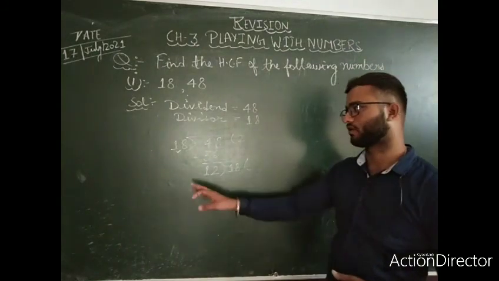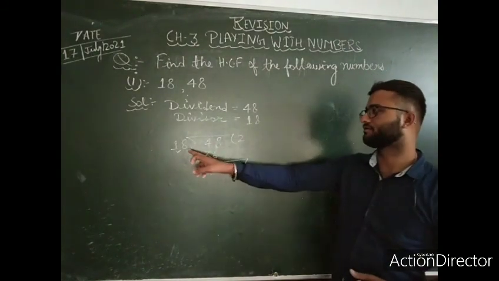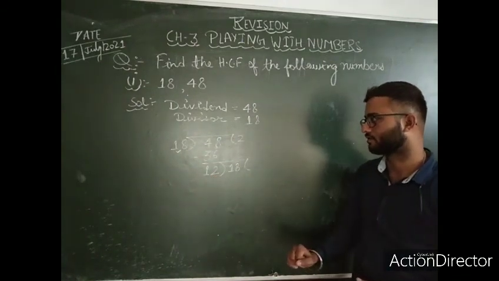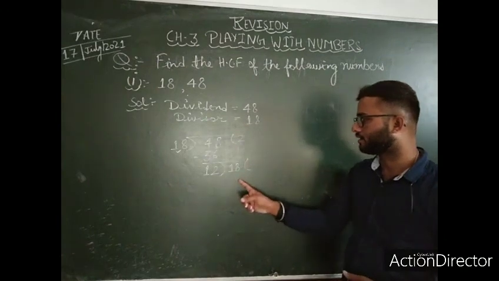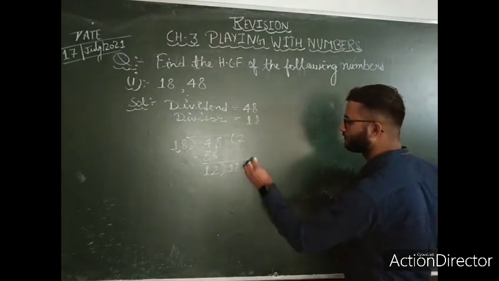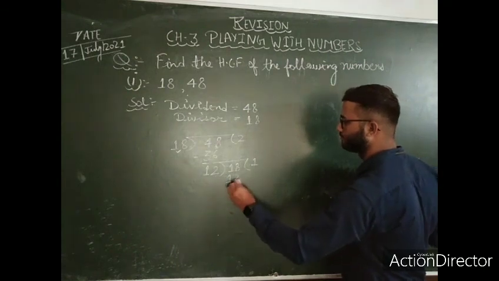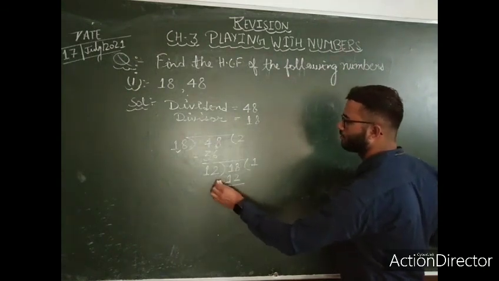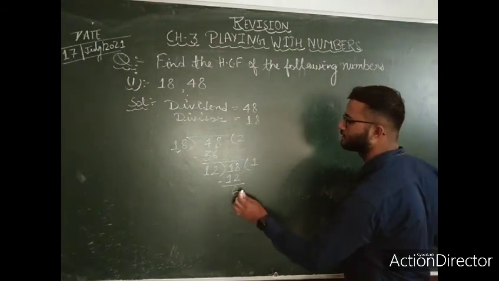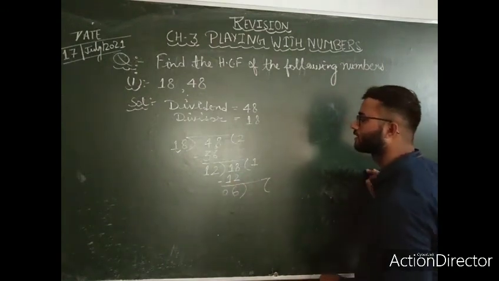Dear students, listen carefully. Here we take this divisor as the dividend and this remainder as the divisor, right? So here we divide 18 by 12. 12 ones are 12. Now 8 minus 2 is 6, and 1 minus 1 is 0, right?